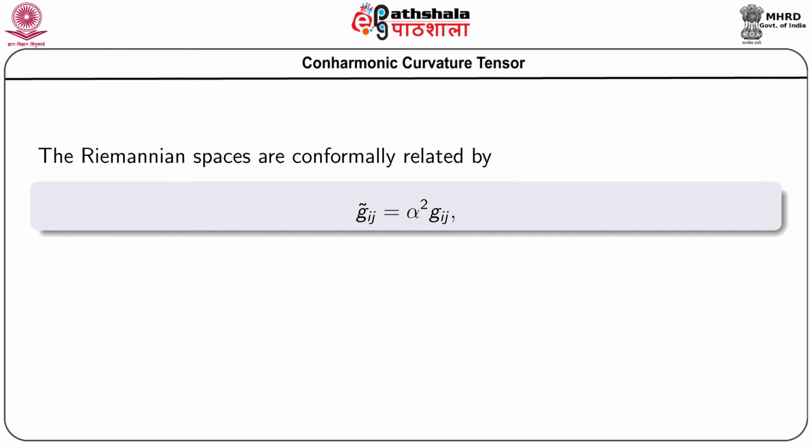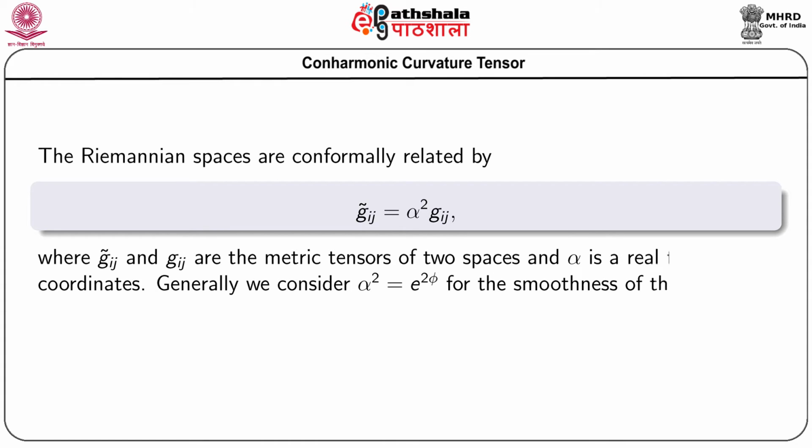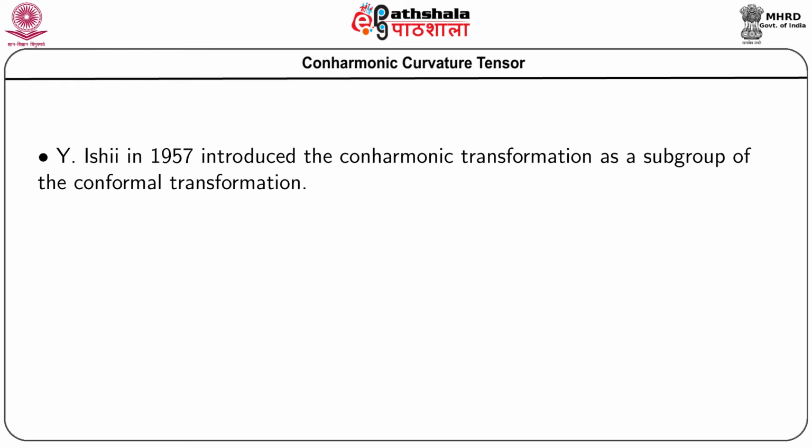The two Riemannian metrics are related by this relation, where g̃_{ij} and g_{ij} are the metric tensors of two spaces and α is a real function of coordinates. Generally, we consider α² equal to e^{2φ} for the smoothness of the function. Now, Ricci in 1957 introduced the conharmonic transformation as a subgroup of the conformal transformation.